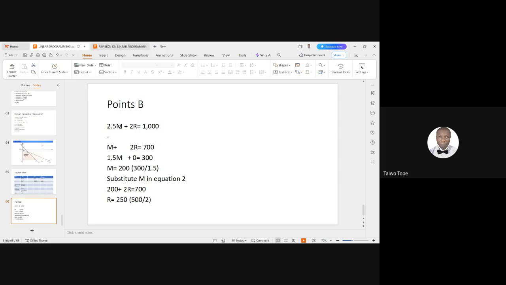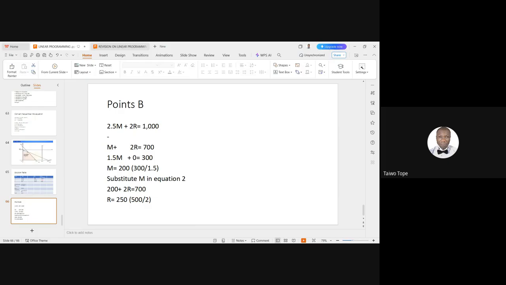We need to get the value of M at point B and the value of R at point B. You use your elimination approach of simultaneous equations. We have two equal values here, so we don't need to look for what to multiply each equation by. 2R minus 2R is 0. 2.5M less 1M will give you 1.5M.